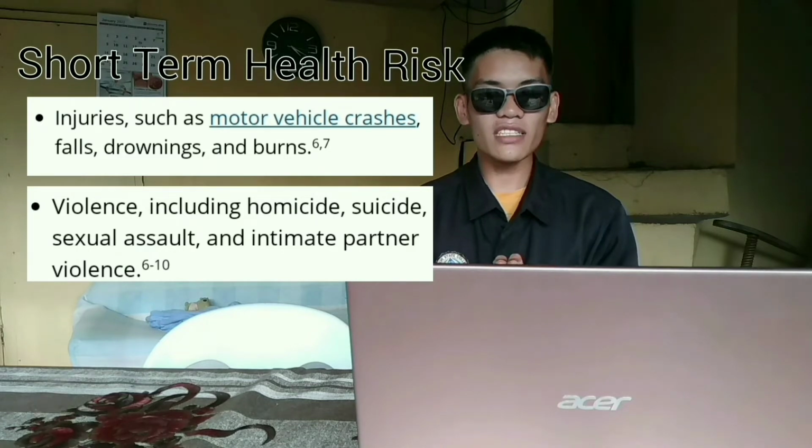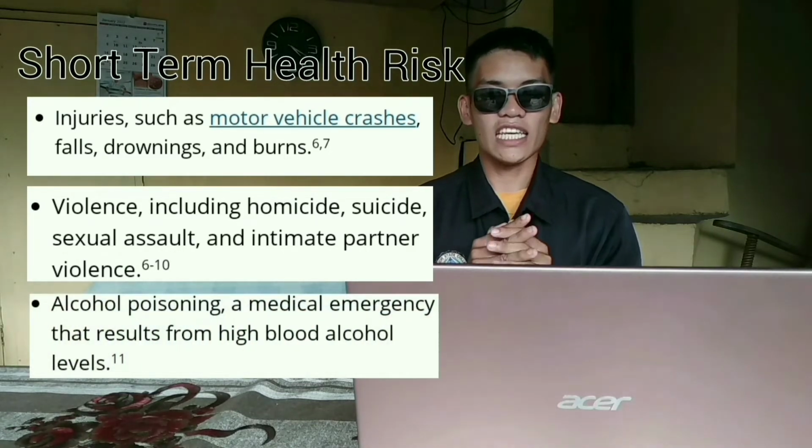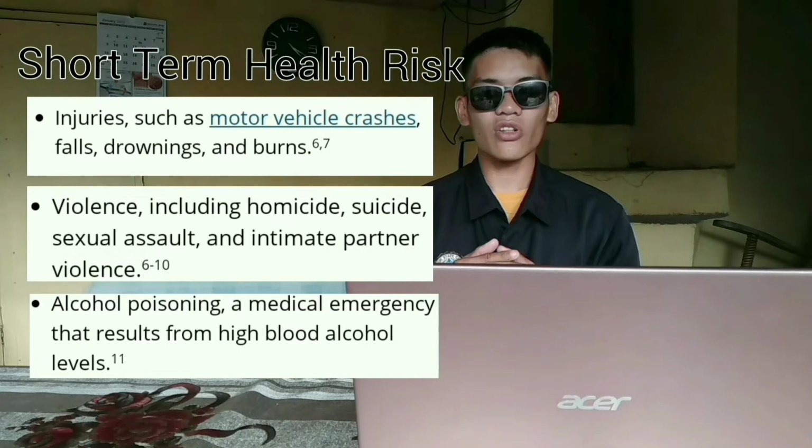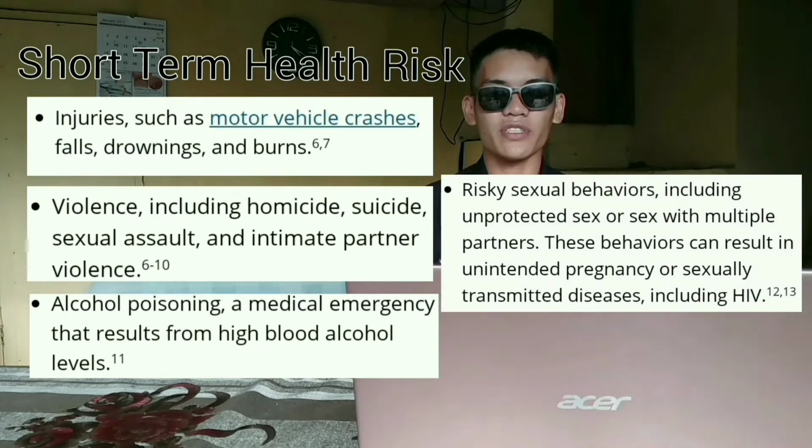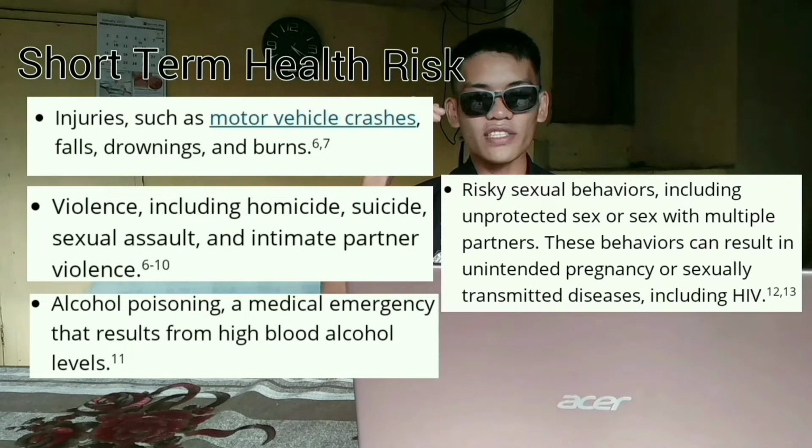The third one is alcohol poisoning, a medical emergency that results from high blood alcohol levels. And the fourth is risky sexual behaviors, including unprotected sex or sex with multiple partners.